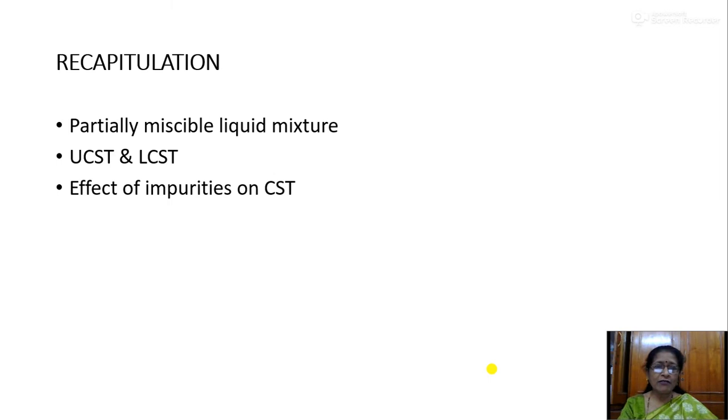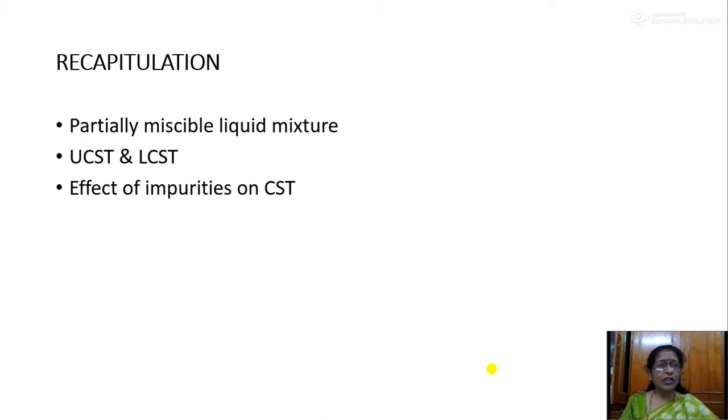Now, recapitulation. What all have we learnt till now? Partially miscible liquid mixtures: partially means when you mix two liquids with each other, they are partially miscible. Not even half, only traces will be miscible.